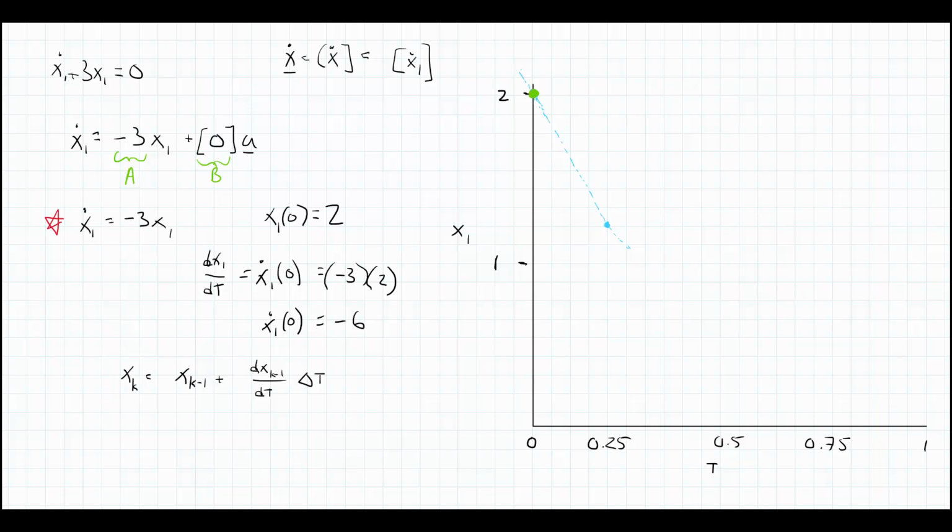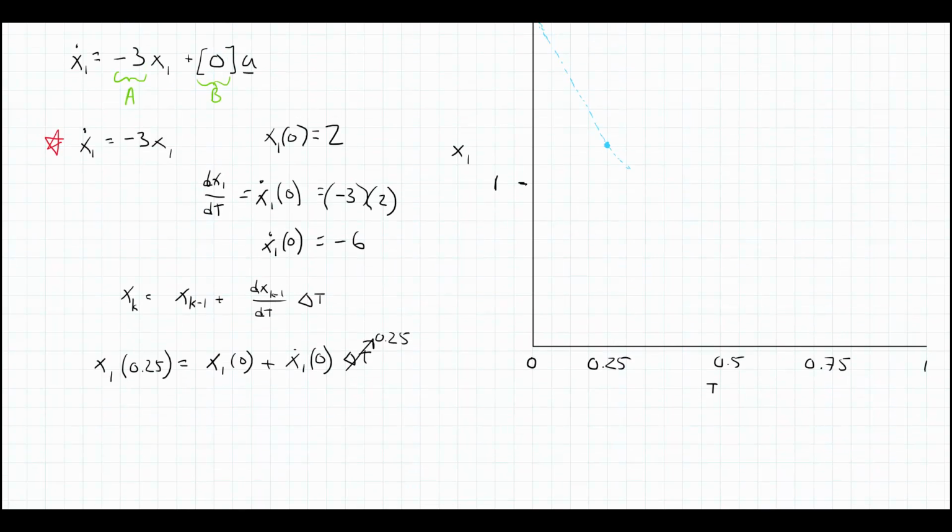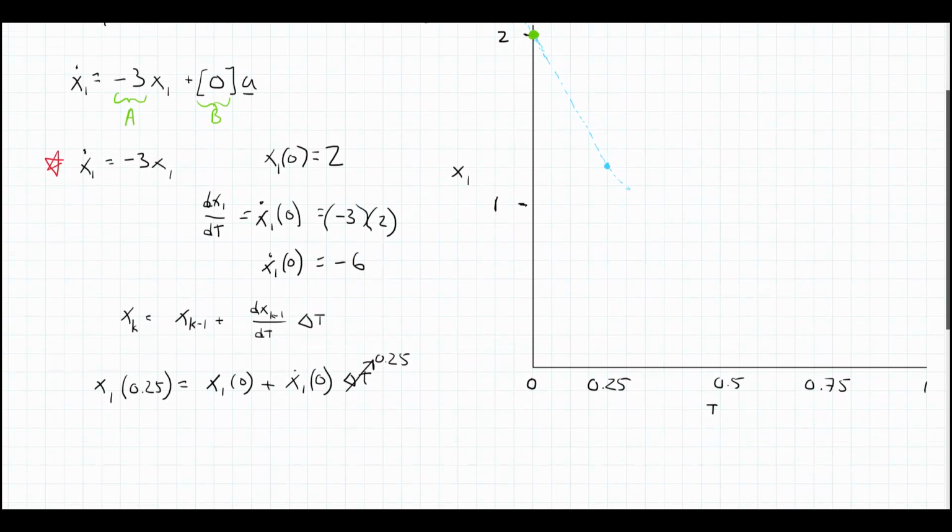So if we want to know x1 of 0.25 seconds, I need to take the previous point, so that's x1 at 0 seconds plus x1 dot of 0 seconds times delta t, which in this case is 0.25. Now, the delta t does not have to be uniform. I'm going to pick a uniform time of 0.25 here, but it does not need to be. And in fact, when you let ODE45 run, it's going to select what it deems is the best time step to use.